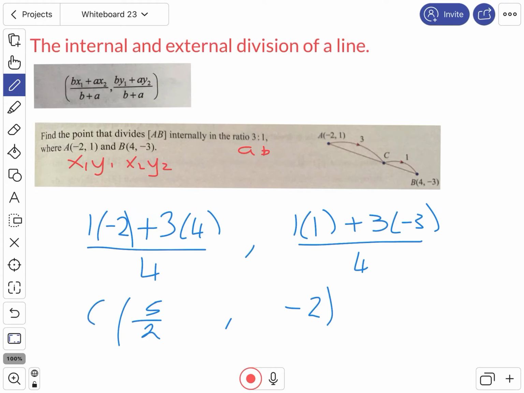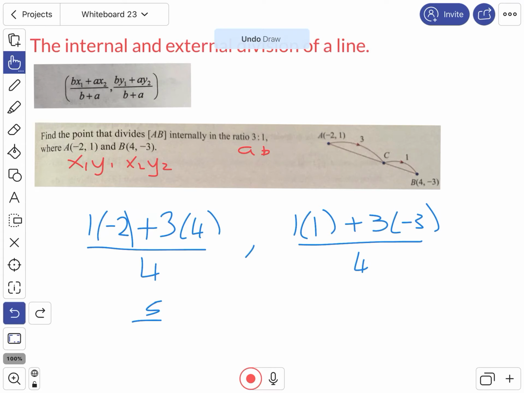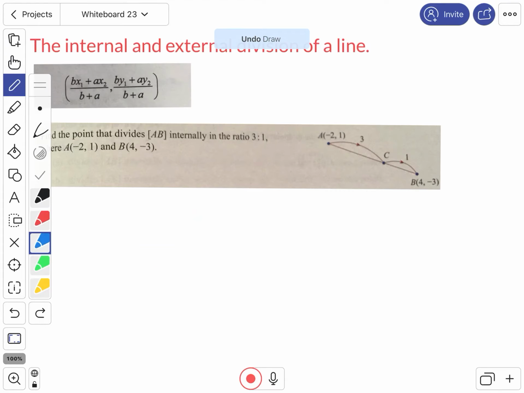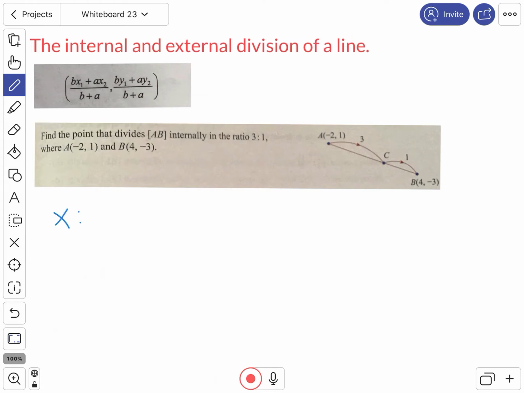I'm going to go back and do this using the previous method that we would have done, which is translation. So I don't need to call them A and B or x1, y1. I'm going to start with the x coordinate. For my x coordinate, it went from -2 to 4, and that is going to give me a +6.